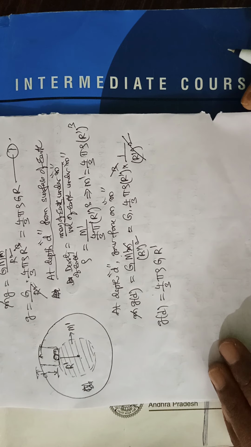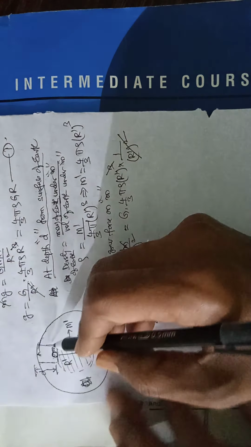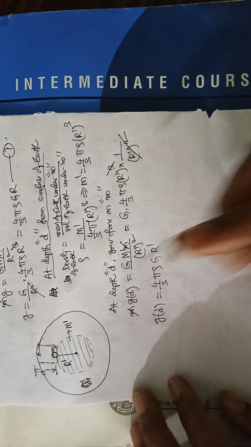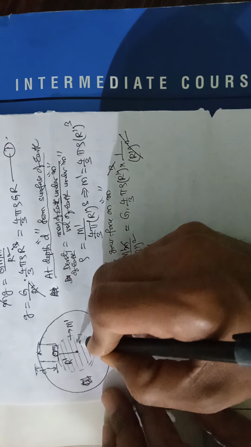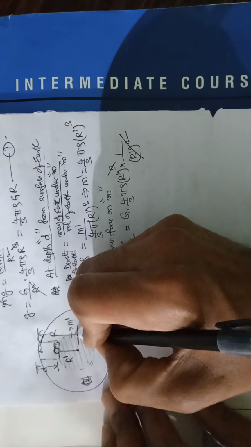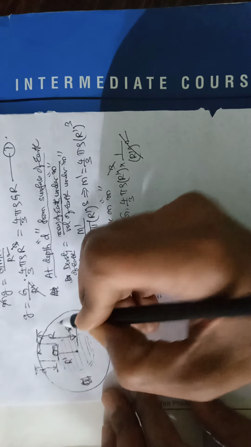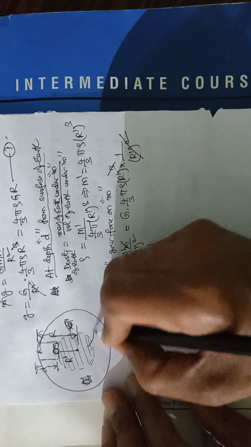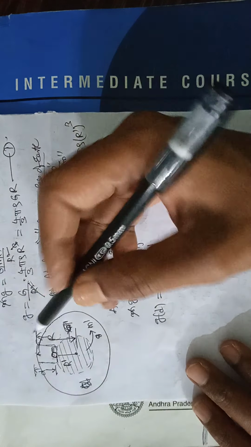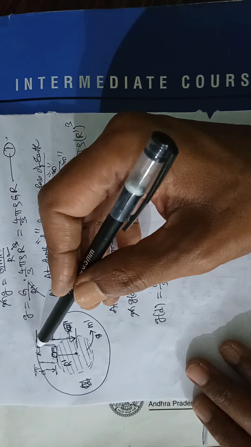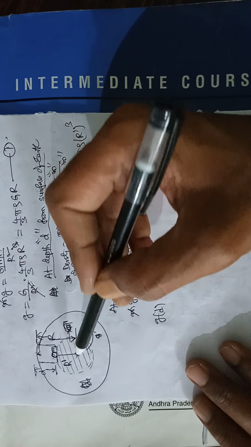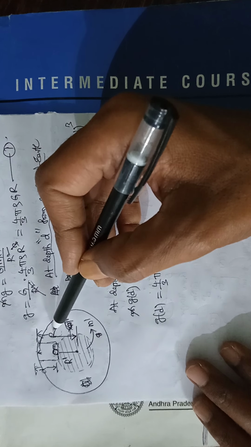Now from here to here it is r. Before digging, the surface of the earth was here, and from here to the center of the earth it was taken as r.